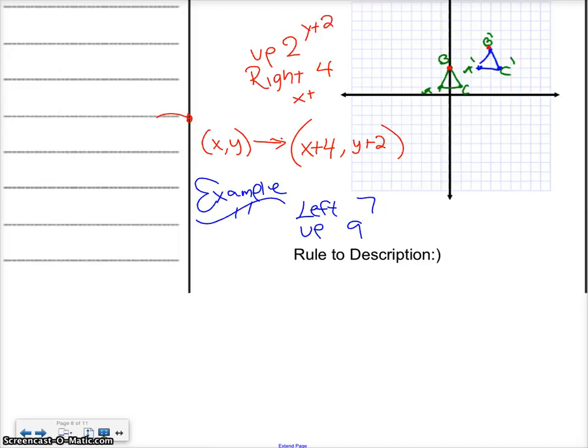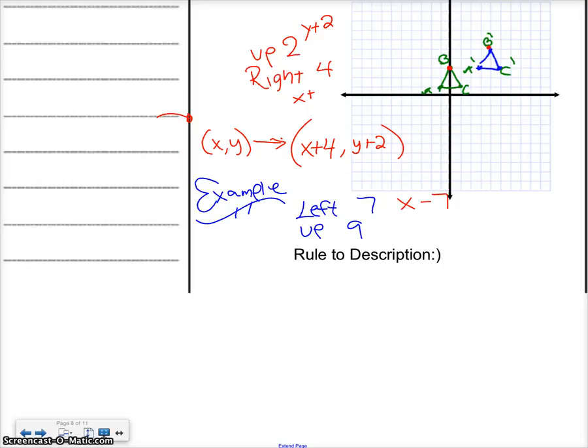But you always got to start out with that x comma y slides. You got to have that. So I like to brainstorm. I like to just kind of be slightly messy with this. Left means x, and it means minus, so I know it would be minus 7.